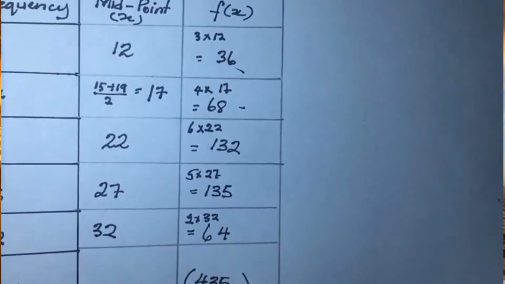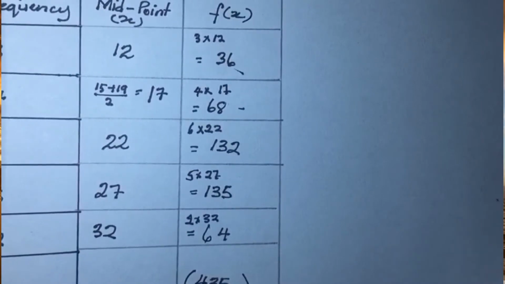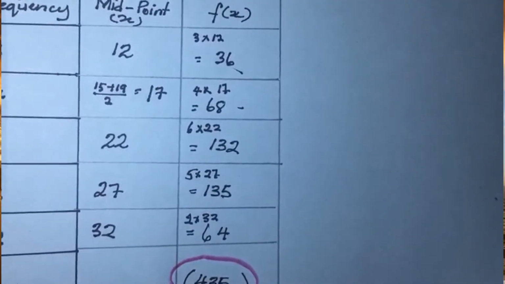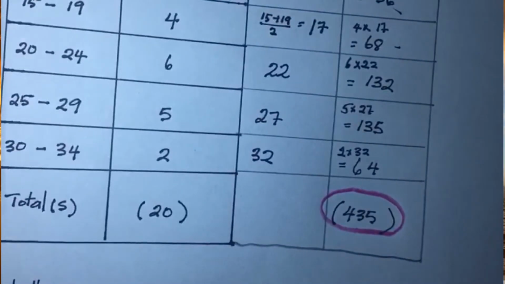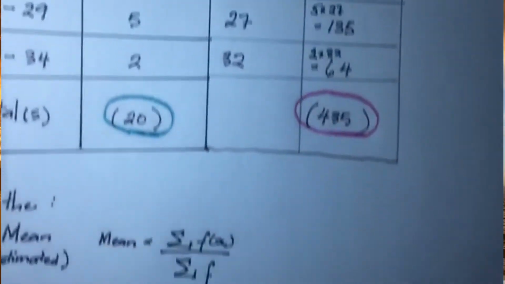There we go. So let me show you now. My total f of x, and I'm going to divide that by my total f. See it here? So I'm following my formula.